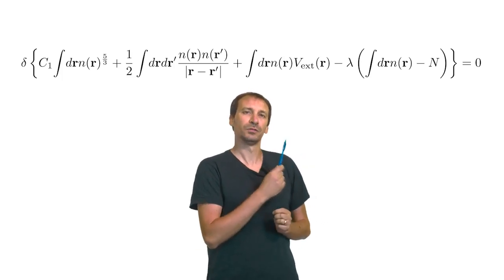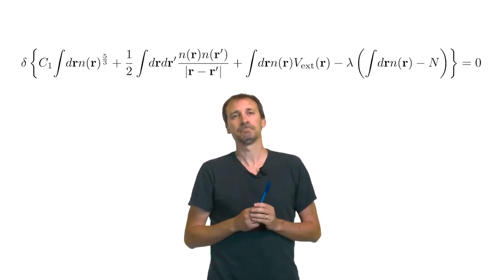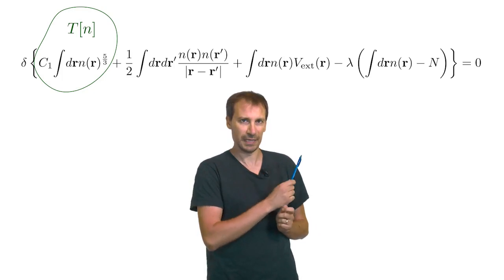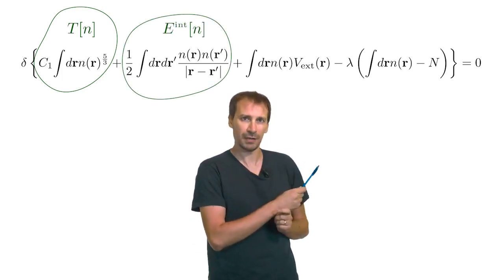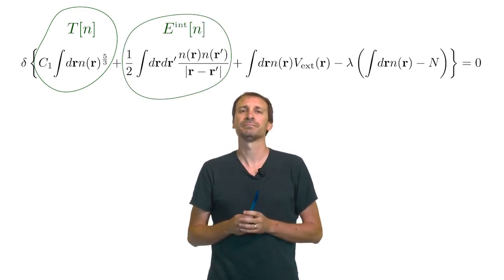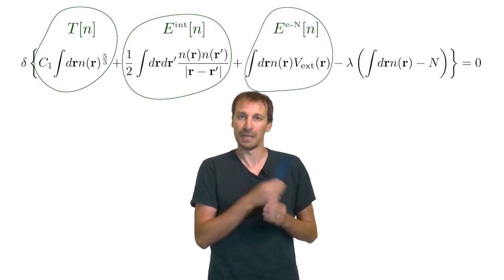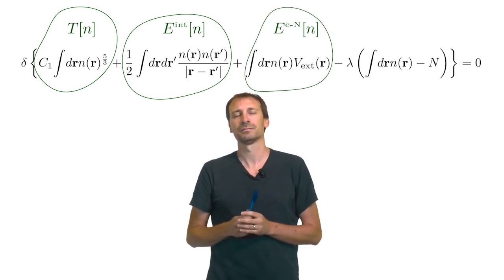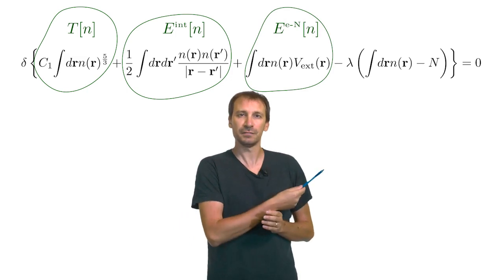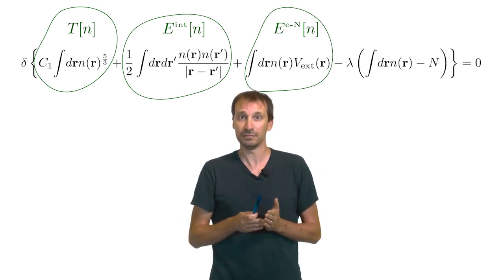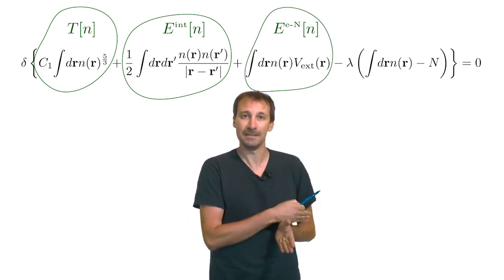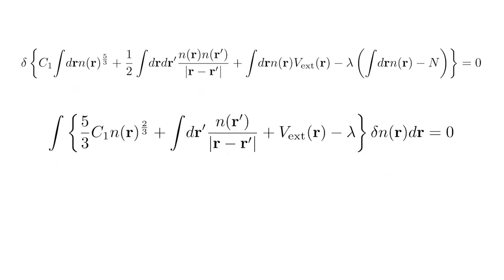We write our total energy functional of the density, where again we recognize the kinetic term, the Hartree term, or the electron-electron interaction term, and the external potential, in our case, the electron-nuclei interaction. So we differentiate, which is essentially a functional derivative with respect to electron density n, and we obtain this formula.